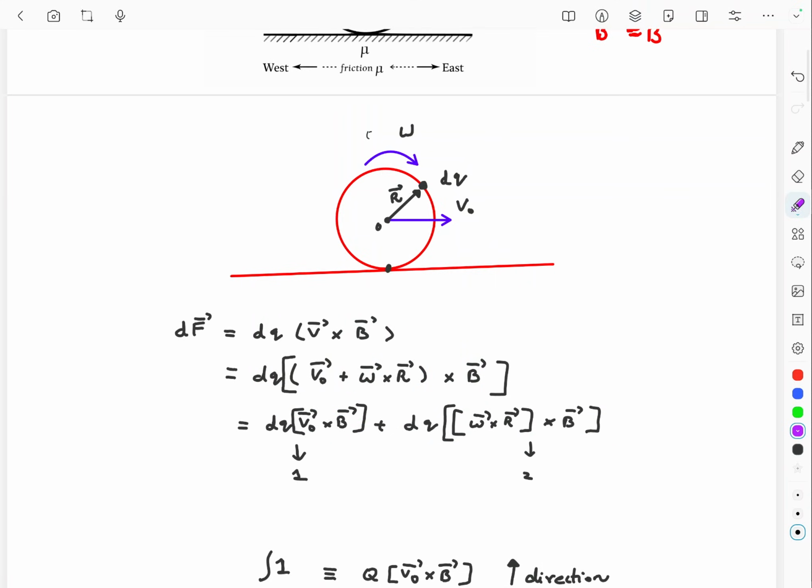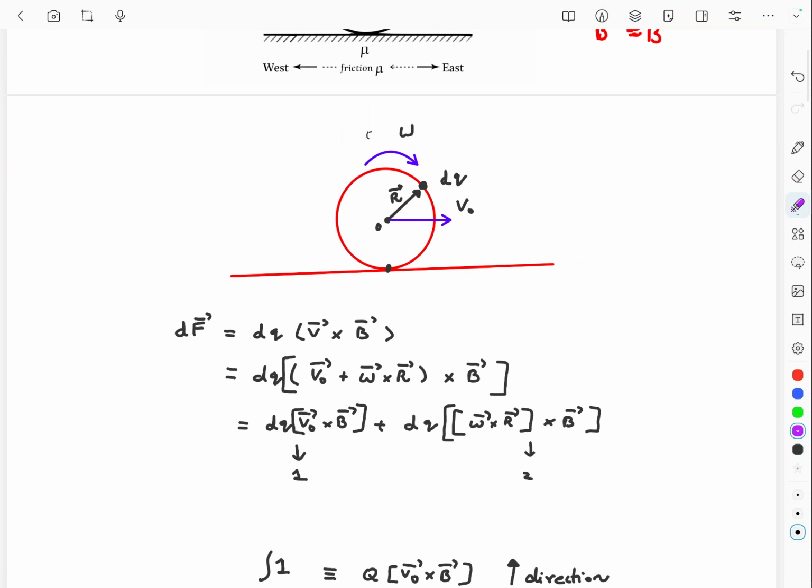Now the first term is pretty simple. The thing inside the bracket is a constant vector. So when we integrate dF vector, why are we integrating dF vector? We need the resultant force on the ring to apply F equal to ma, right? In order to apply F equal to ma, we need the resultant force. So that's why we are integrating the Lorentz force.